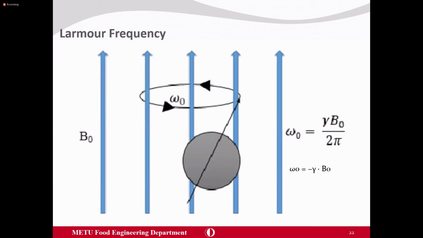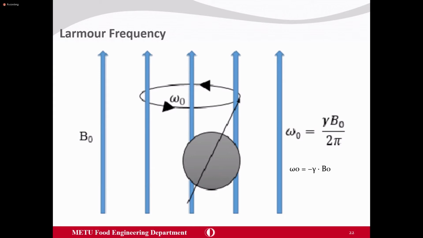And over there, you see that the frequency is linearly proportional to the B0 magnetic field. And the gamma sign that you see over there is known as the gyromagnetic ratio, and this is something that depends on the nucleus that we are studying.